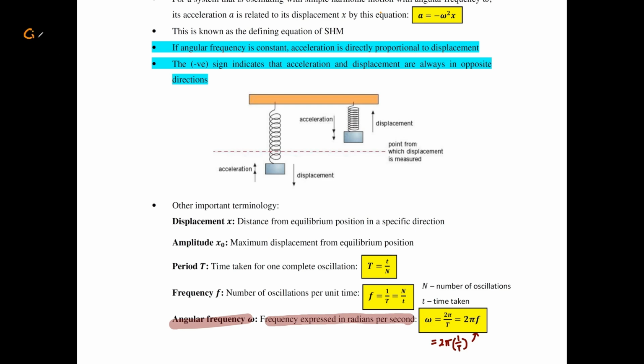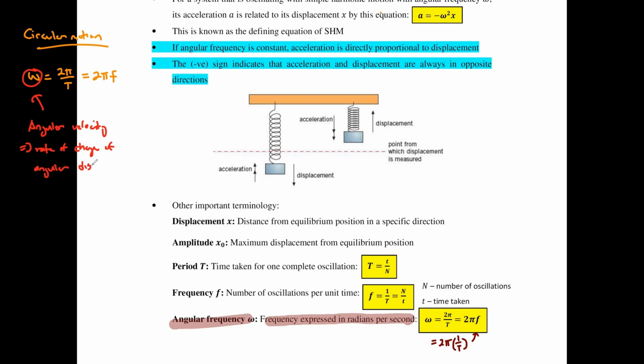In circular motion, you have seen this same equation: omega equals 2 pi over T equals 2 pi f. Now, in circular motion, this symbol omega is known as your angular velocity, which is the rate of change of angular displacement.